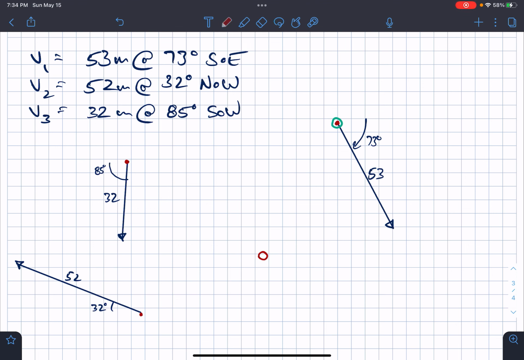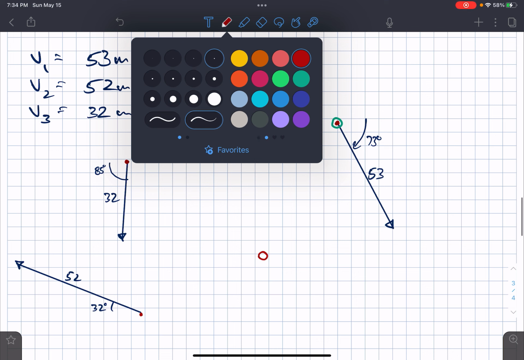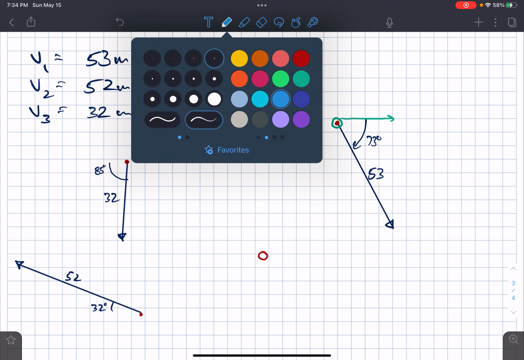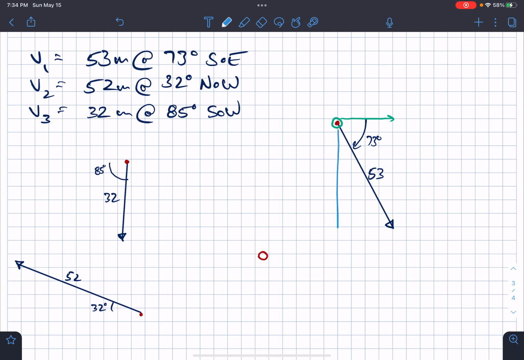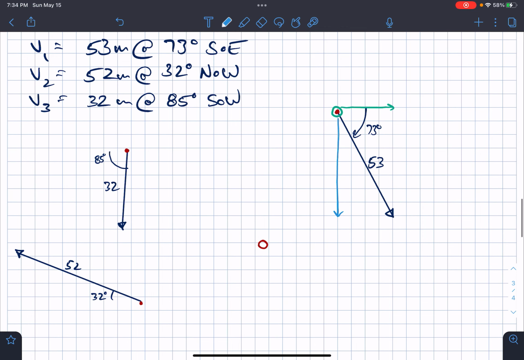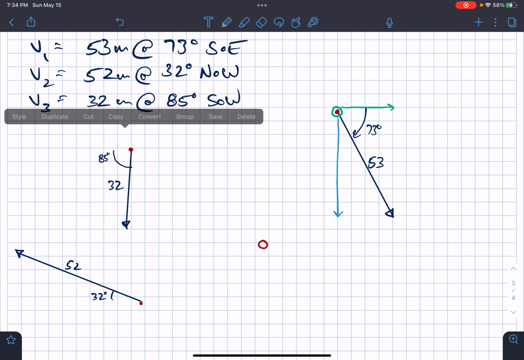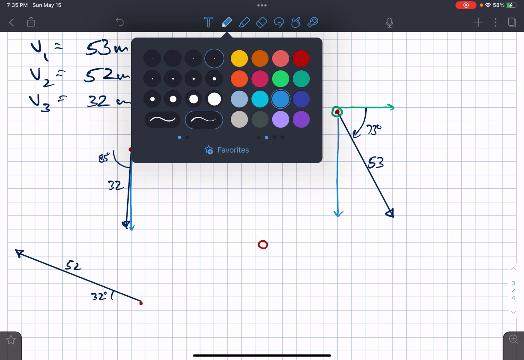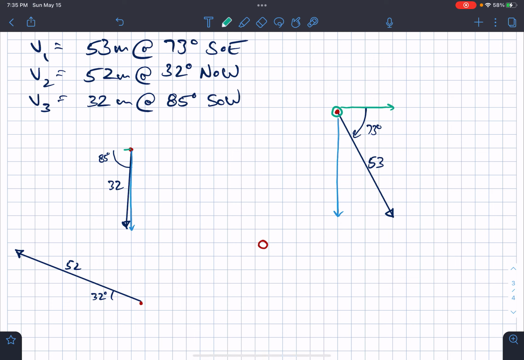All right. Each of these vectors has some sort of component in the x direction and some sort of component in the y direction, positive or negative. All right, do this over here as well. This one's going to be really close to the vector itself. There's the y component, and the x component is going to be this short little guy. And the same here as well.